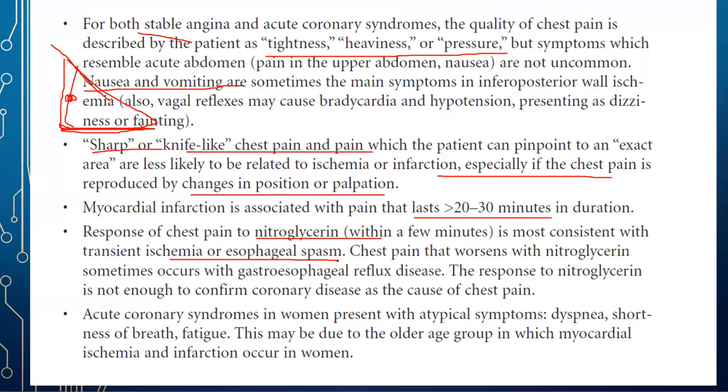So any patient having intermittent chest pain with dysphagia, mainly to solids, that patient is having esophageal spasm. And esophageal spasm also responds to nitroglycerin. So any chest pain responsive to nitroglycerin is either angina or esophageal spasm. But if you give nitroglycerin and the chest pain gets worse, that's most likely gastroesophageal reflux disease.